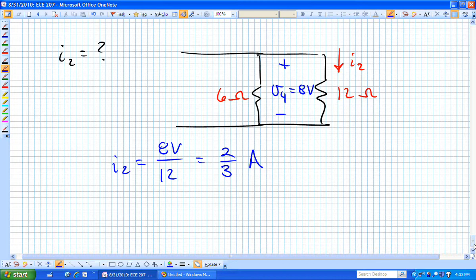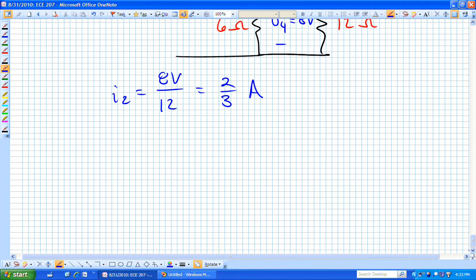Twice as much as what was going in the 12 ohm. Does that seem to make sense? These are resistors, remember. They're resisting current. The bigger the resistor, the less current flowing. So you would expect 12 ohms to be carrying less current than the 6 ohm if they're both with the same voltage. And in particular, half as much. And that seems to make sense, and that's what we just calculated. But all we were asked for is I sub 2.